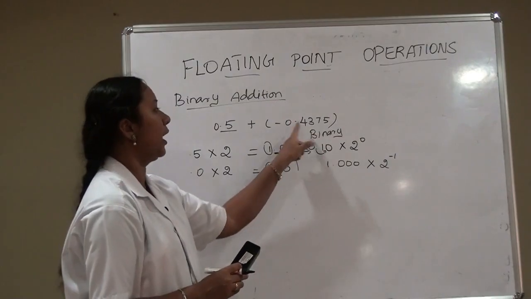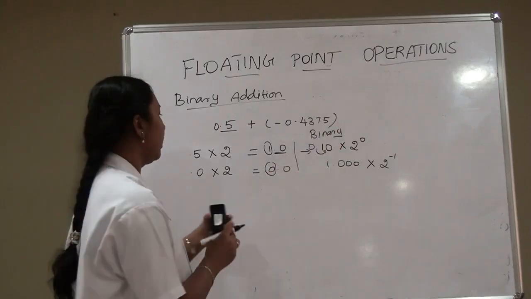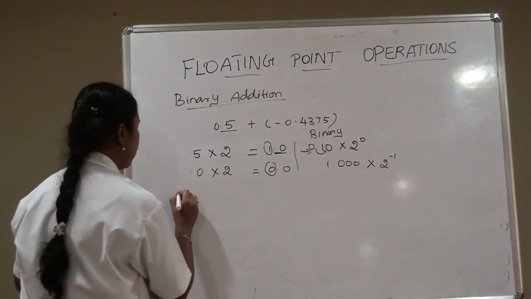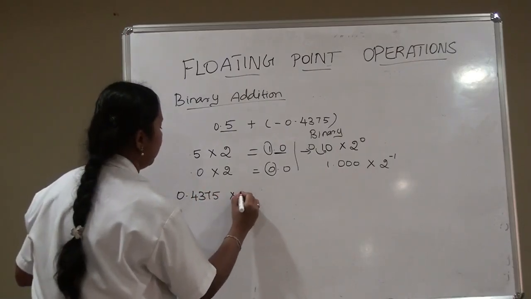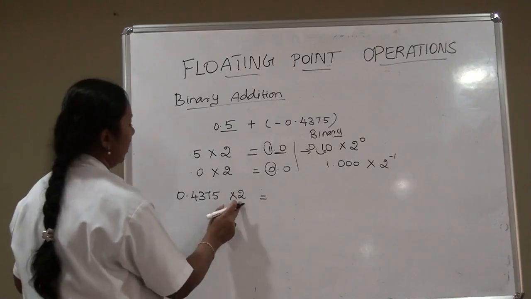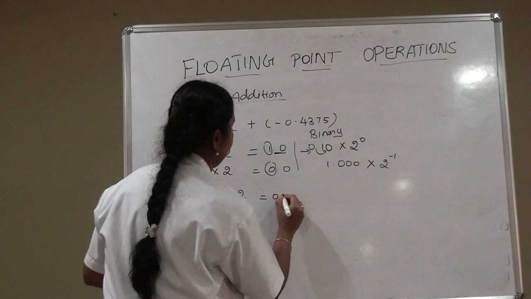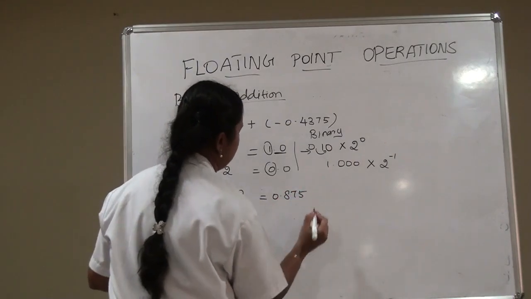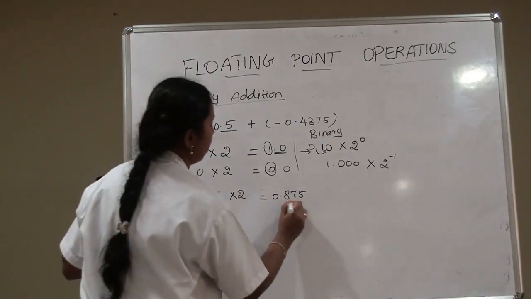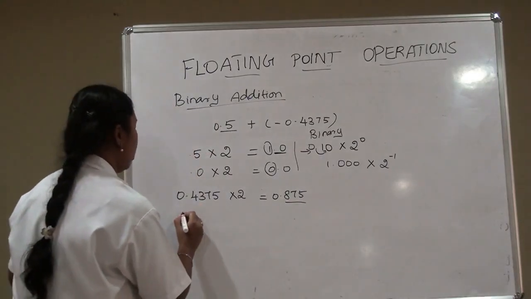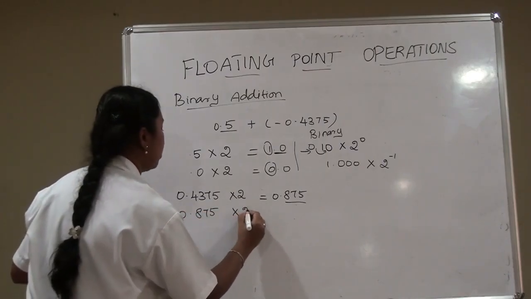Now I am going to take the other number, 0.4375, into binary form. So 0.4375 into 2. When I multiply 0.4375 by 2, I get 0.875 as my answer. Once again I take this 0.875 alone, and multiply it into 2.